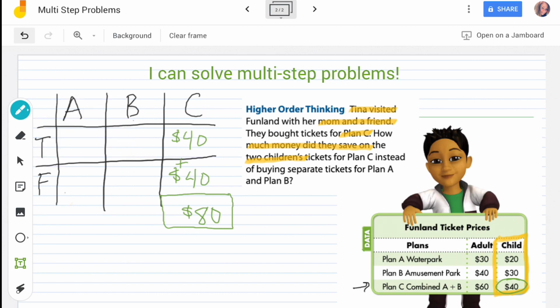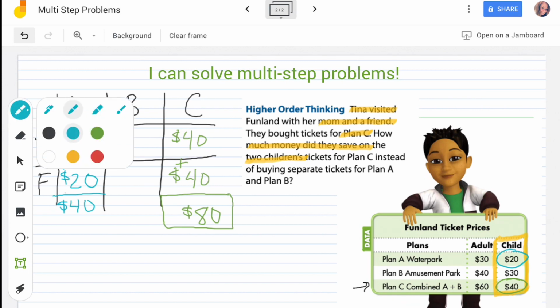Go back to the data table. How much does each child ticket cost under Plan A? $20. Very good. So I know that Tina's ticket costs $20 and the friend's ticket also costs $20. How much is that altogether? That's right, $40. So Plan A costs $40 for 2 kids.